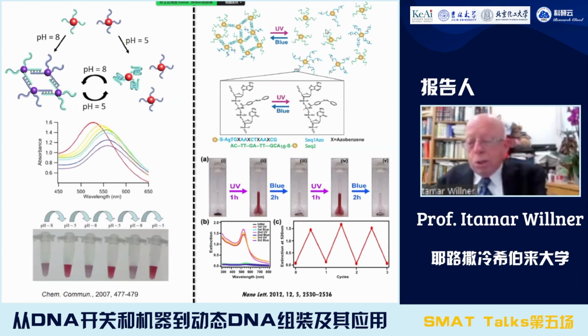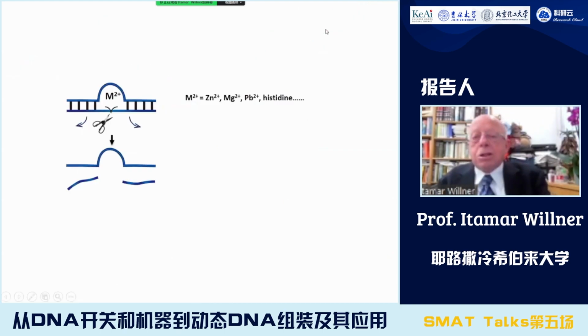But what I want, and this will be my last topic, basically my last set of slides, that will terminate the lecture, is to show you that we can even enhance the complexity of such DNA machines and objects to the macro nano scale.